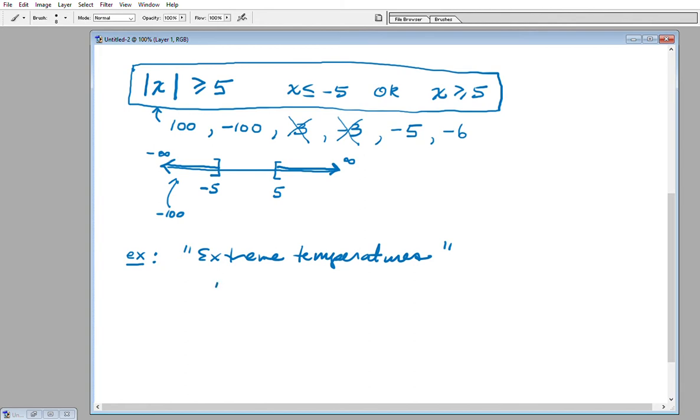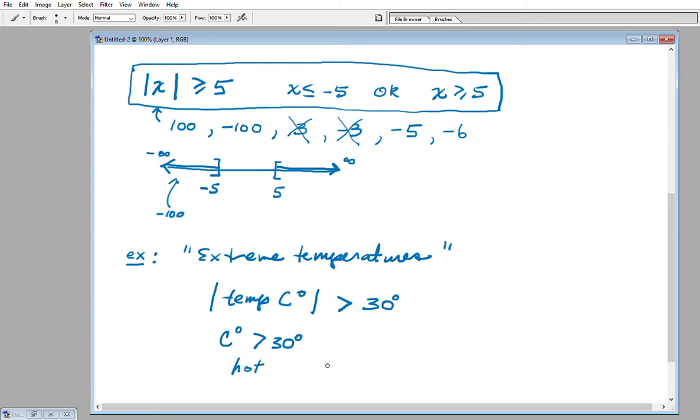So the Celsius temperature, let's say if it's greater than, let's say, 30 degrees Celsius. All right, so what would that mean? That means the temperature is more than 30 degrees, and that this is very hot.